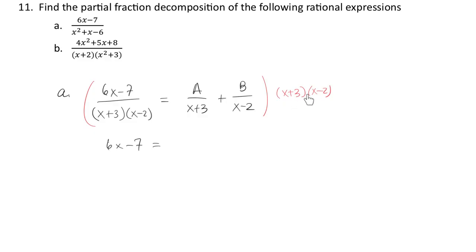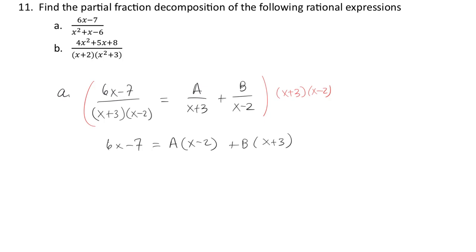When we multiply the common denominator to the A partial fraction, the x plus 3 cancels out. So A multiplies with x minus 2. Now, when this least common denominator multiplies the B partial fraction, x minus 2 cancels out. So B multiplies with x plus 3.